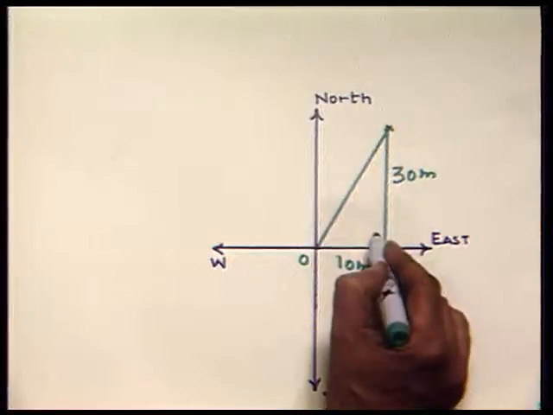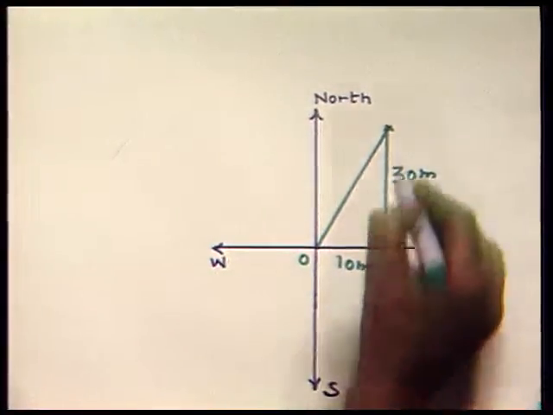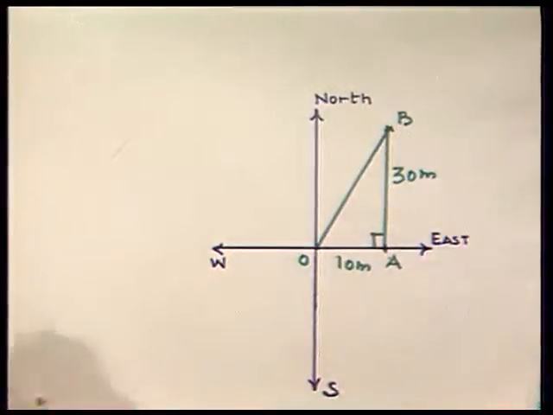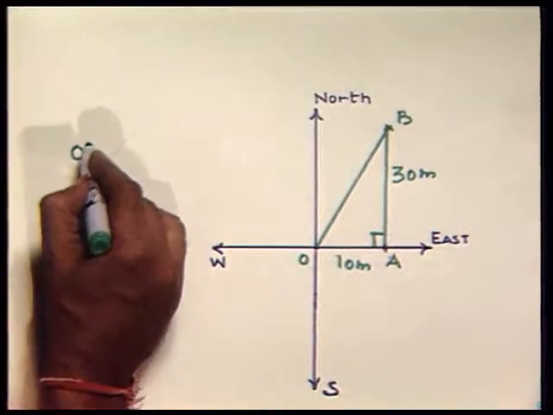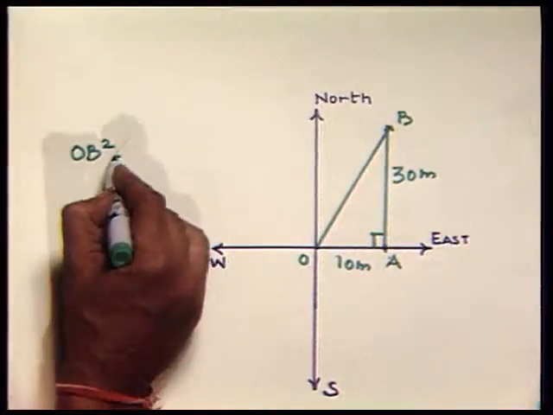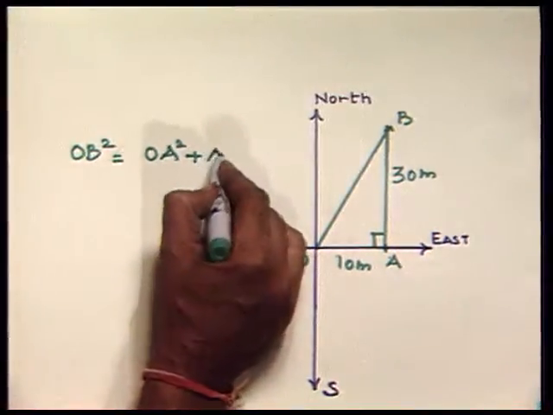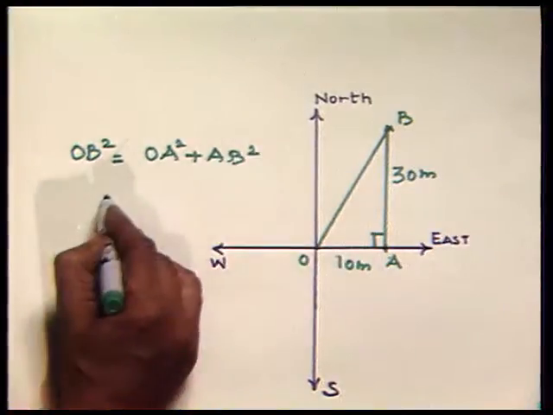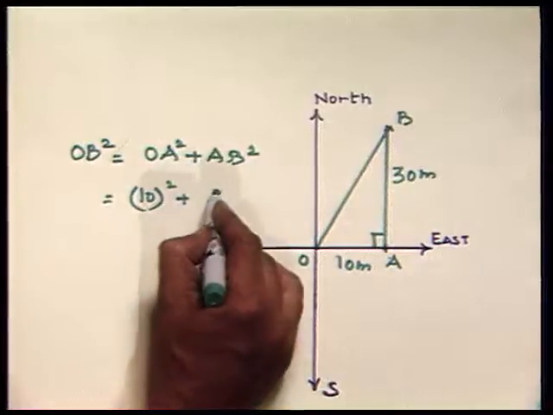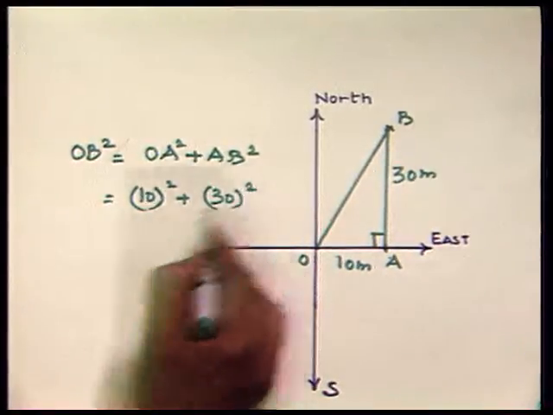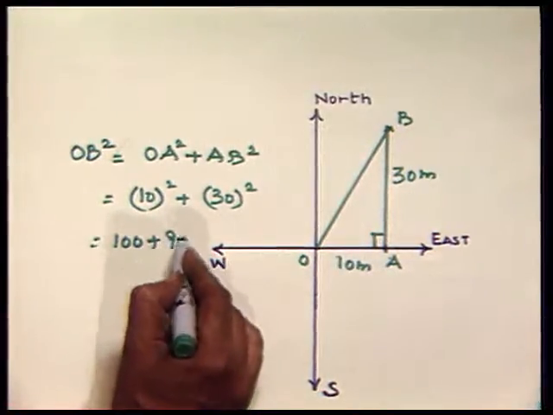If you look at this triangle, here this angle is 90 degrees. Name this point as A and this point as B. Opposite to 90 is hypotenuse. So, according to Pythagoras theorem, OB square equals OA square plus AB square. OA being 10, this is 10 square plus 30 square, that makes it 100 plus 900.